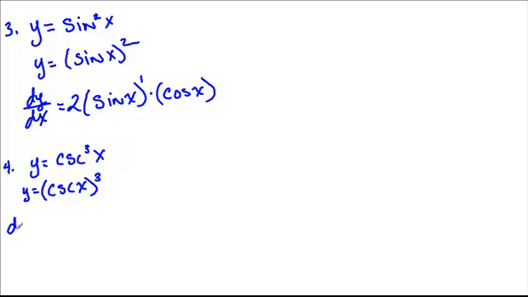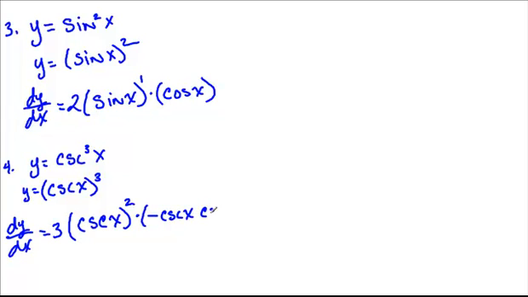Okay, so when we take the derivative, we bring the 3 down front, leave the inside alone, and then multiply it times the derivative of the inside. Well, we know the derivative of cosecant x is negative cosecant x cotangent x. Okay? Not too bad. You just have to be careful and do one layer at a time.